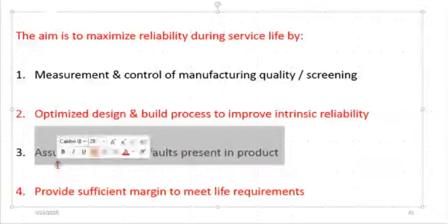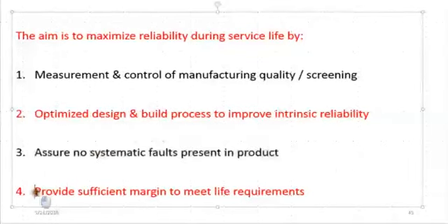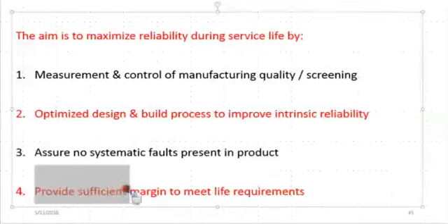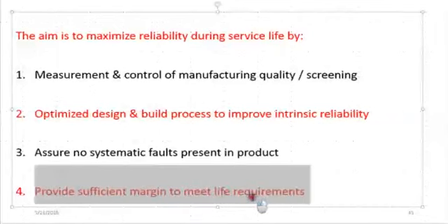What do we mean by systematic fault? That are faults that are associated with the way your system operates. If there is any fault that has to do with the system operation procedure, you have to find a way of avoiding it. And finally, the aim is to provide sufficient margin to meet the life requirement.